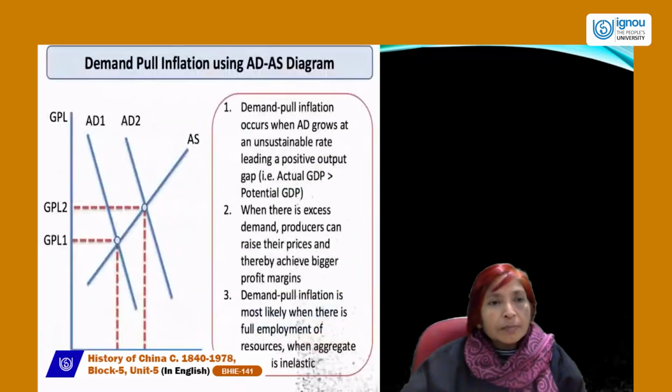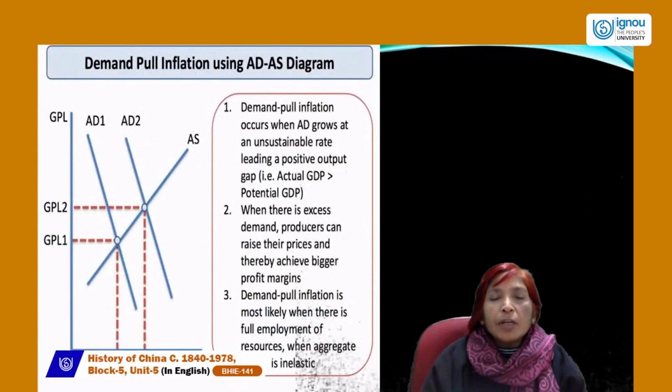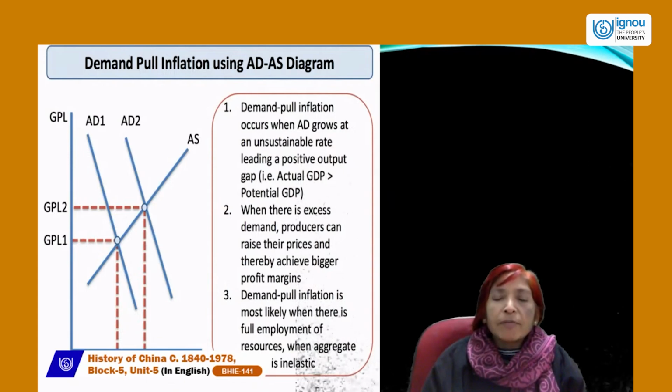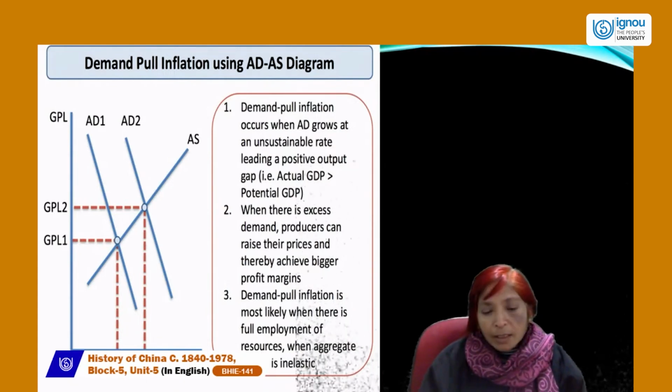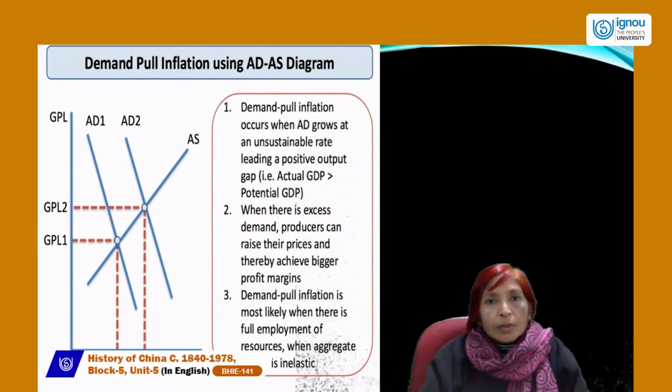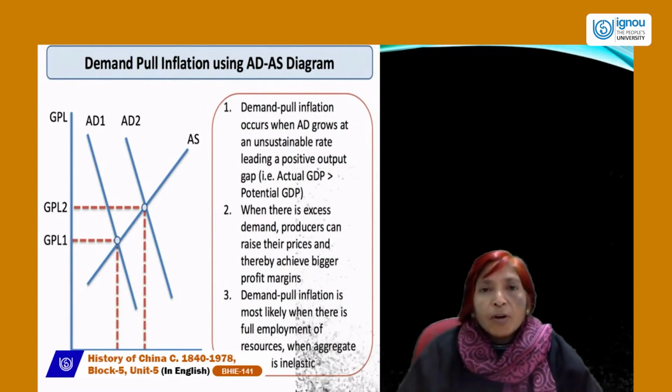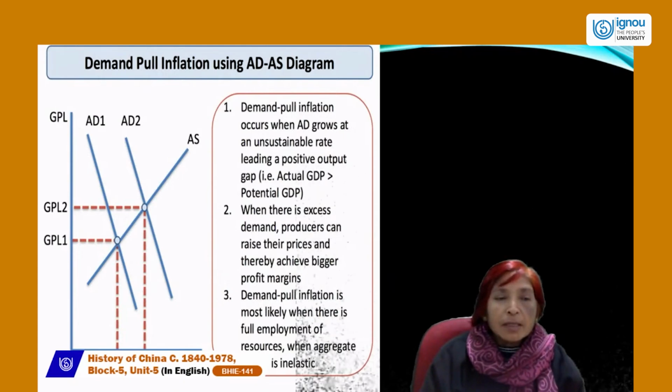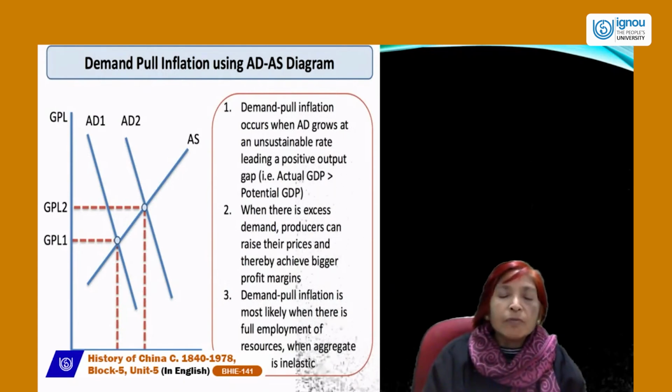Now next is demand pull inflation. How can demand pull inflation be defined and how can we explain it with the help of a diagram? This is a very important form of inflation.